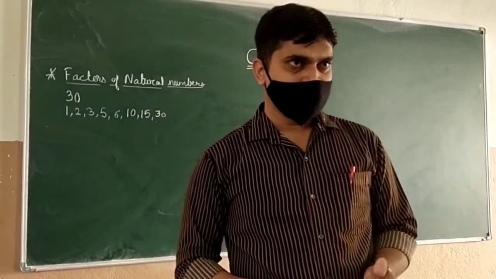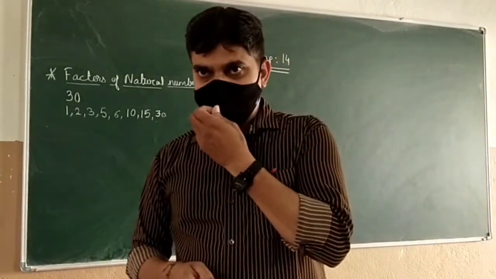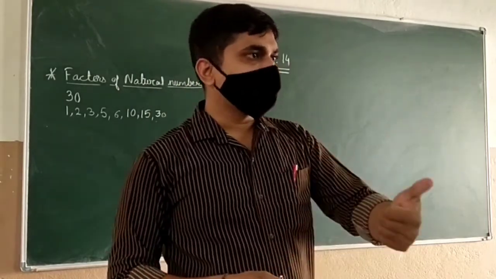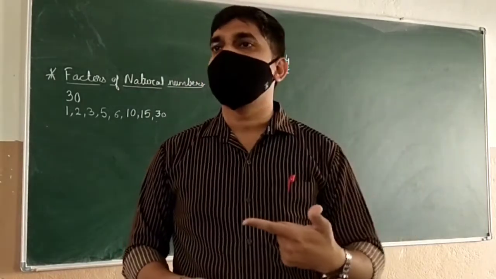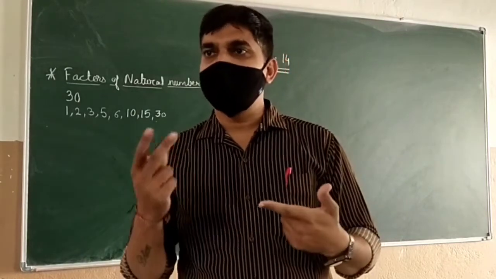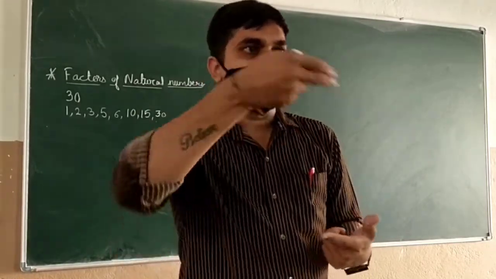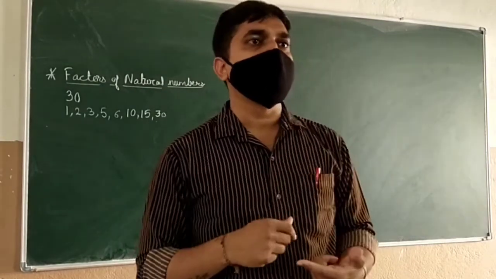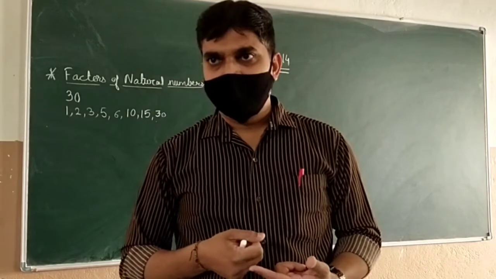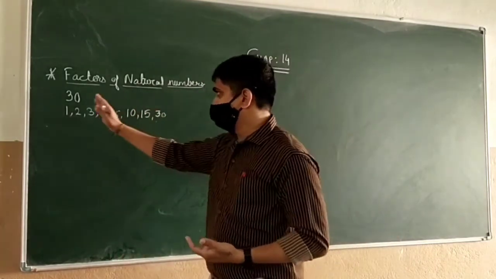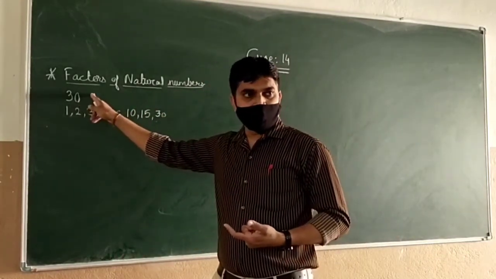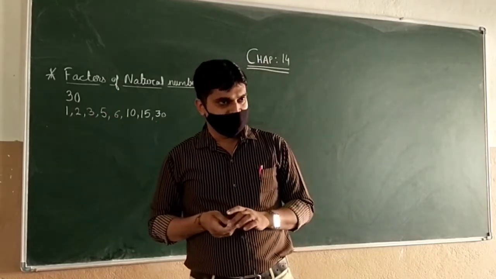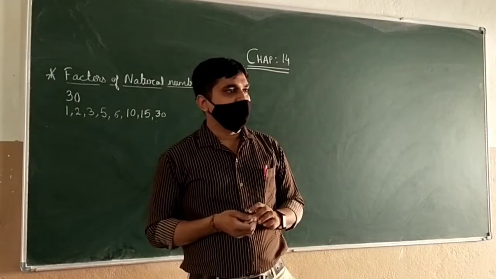Is 4 a prime number? Why not? It is a composite number, right? Because 4 comes in 2's table and also in 4's table. So when a number comes in other tables and its own table also, that number is known as a composite number. Now, those factors which are divisible only by prime numbers are known as prime factors.